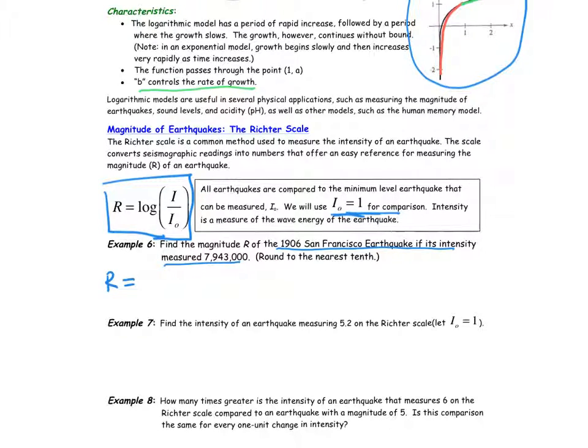R is equal to the log of the intensity, 7,943,000, divided by I naught, that reference level, which is set to 1. So R is equal to the log of 7,943,000. If you enter that into your calculator, you will find that the magnitude of this earthquake is 6.9.